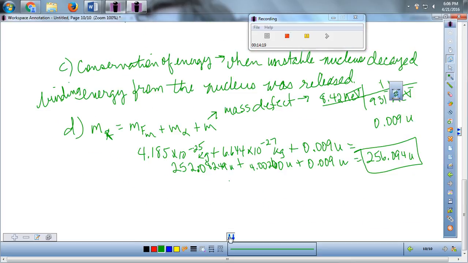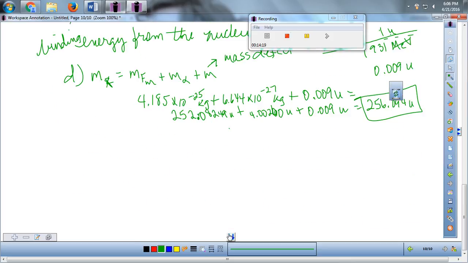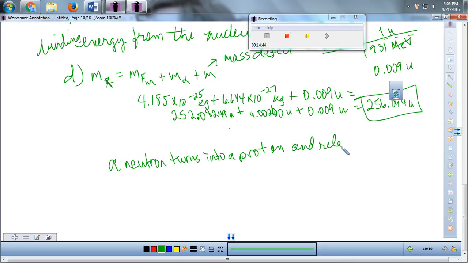All right, so if I had a negative beta, when you have negative beta decay, a neutron turns into a proton. So let me write that down. A neutron, which is really a proton and electron, turns into a proton and releases an electron, a beta particle.